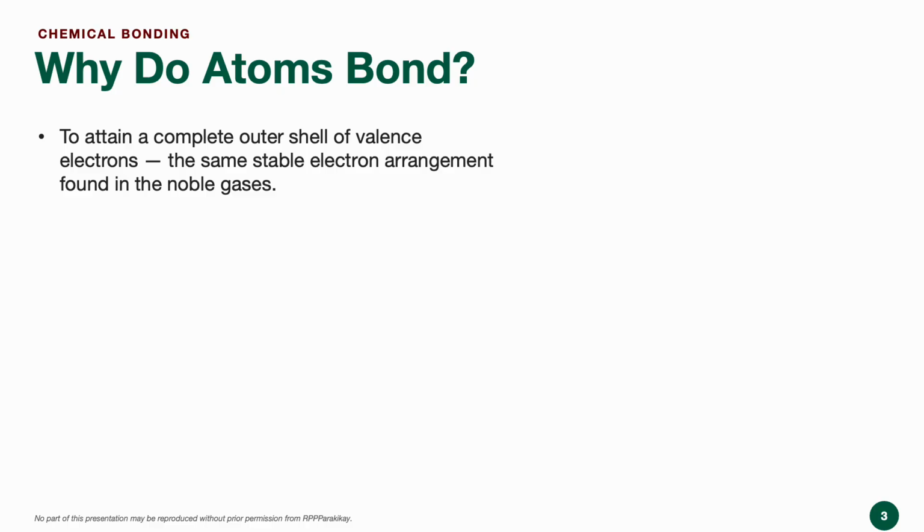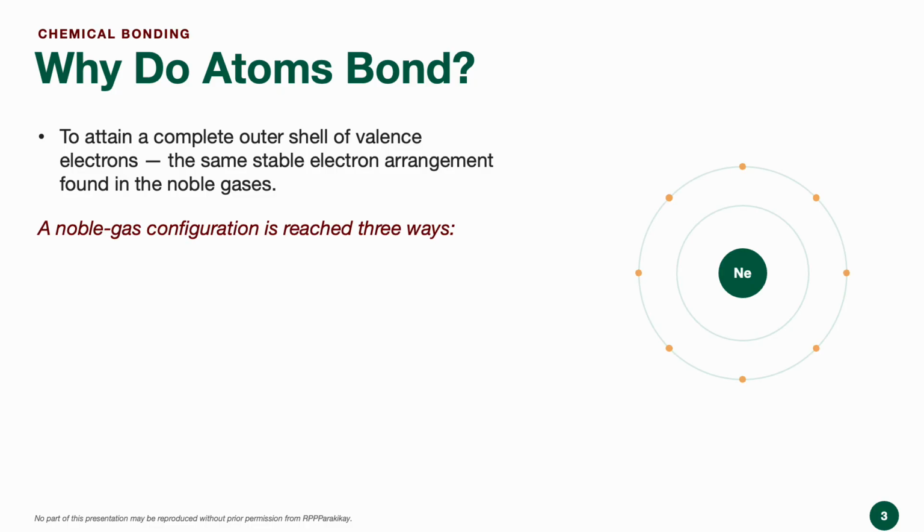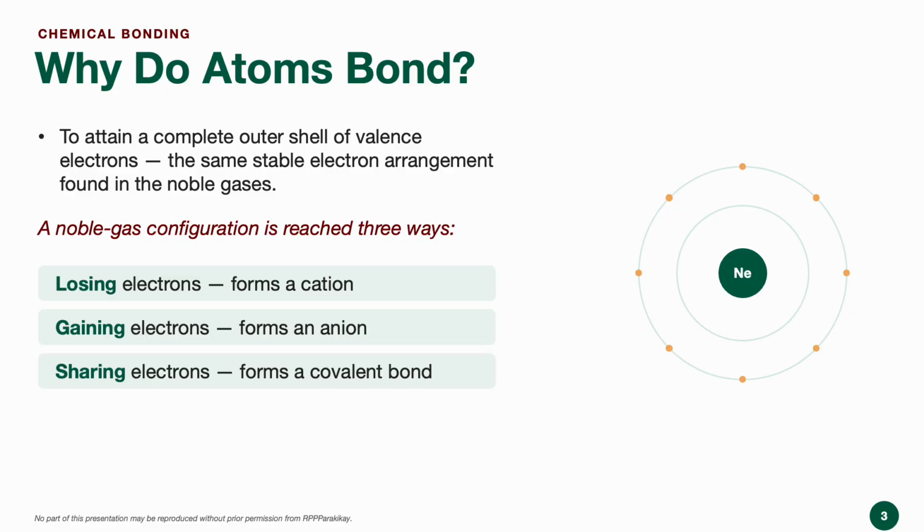Atoms must achieve the electron configuration of the noble gases, where there is a completely filled outer shell of valence electrons. And there are three ways an atom can get the noble gas configuration. It can lose electrons entirely, which leaves behind a positively charged cation.